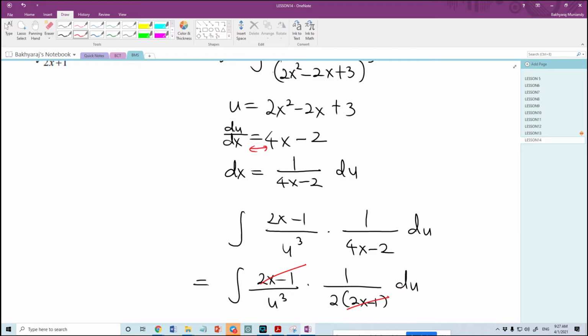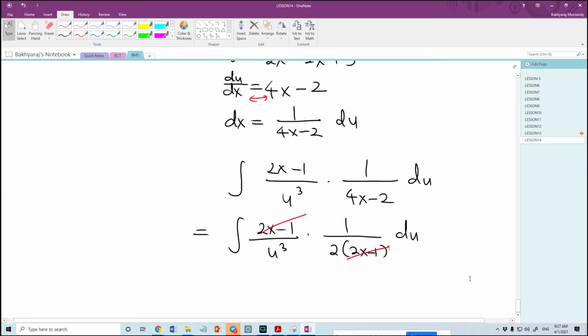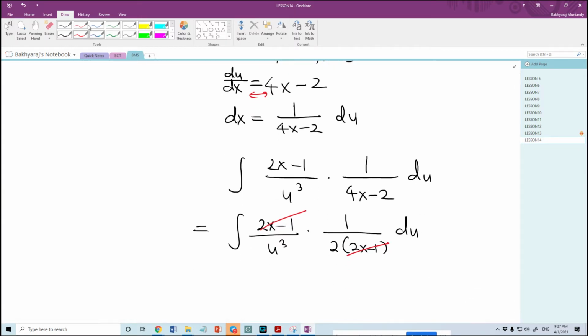So here everything is there, the only thing is you need to factor out the 2. Once we factor, now we can see the answer. So 1 over 2 we just take out, integrate, and 1 over u cubed I make it negative 3, so it becomes u to the power of negative 3 du.